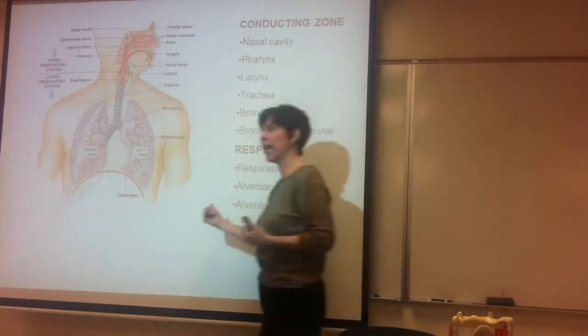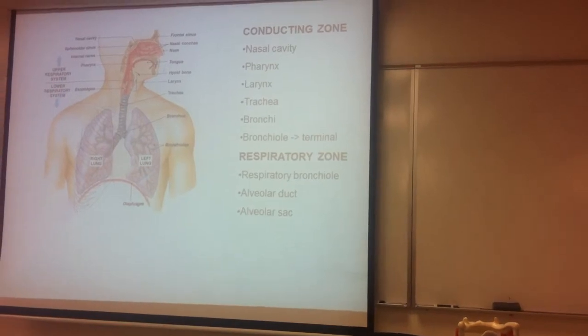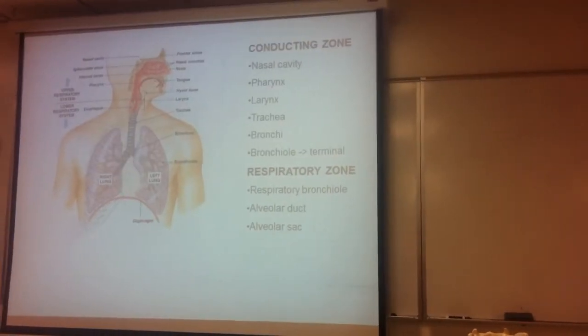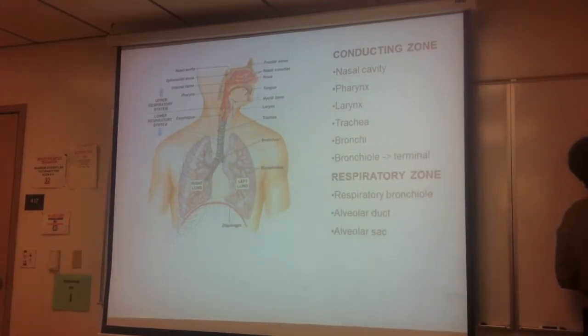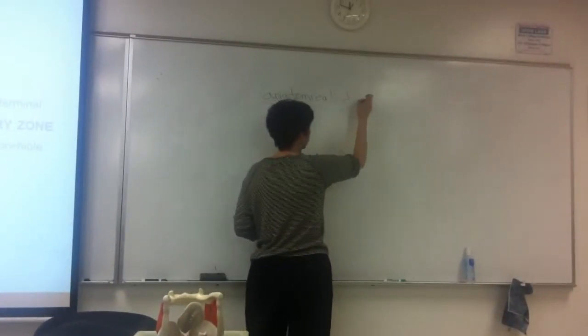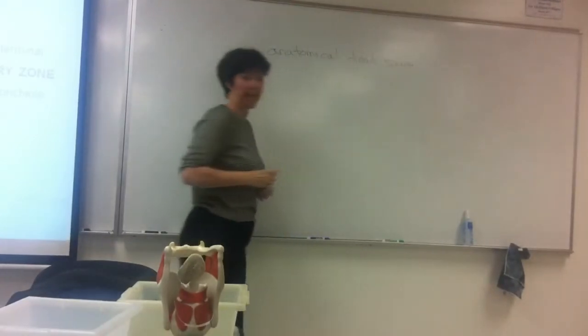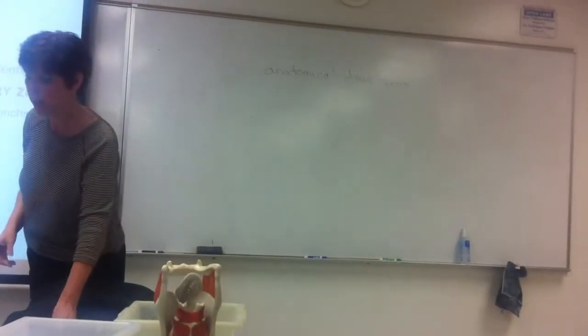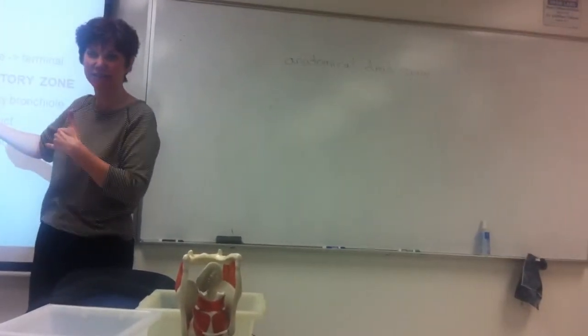Before we get to that, another term for the conducting zone that we'll look at on Tuesday is the anatomical dead space. You don't have to be dead to have this anatomical dead space. What it means is it's not available for gas exchange.